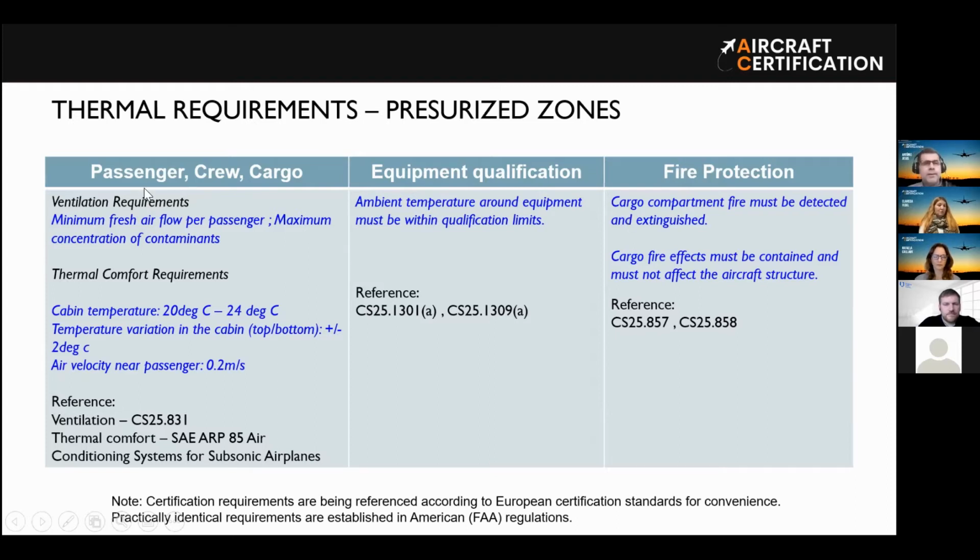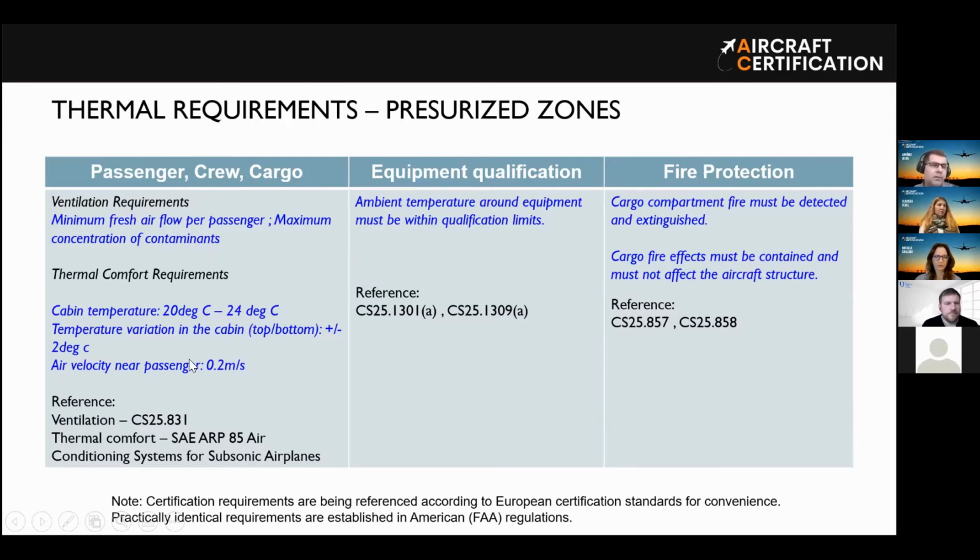So when you look at passengers, we have some minimal ventilation requirements, which are safety requirements for the passengers, and also maximum concentration of contaminants. So those are things that are related to safety.